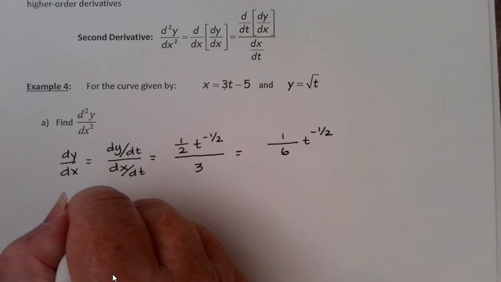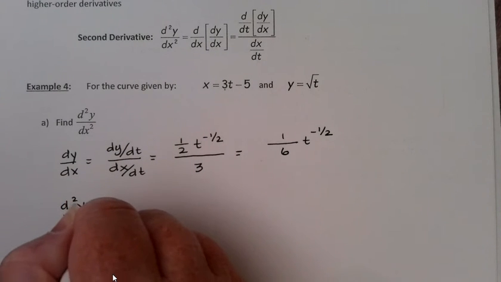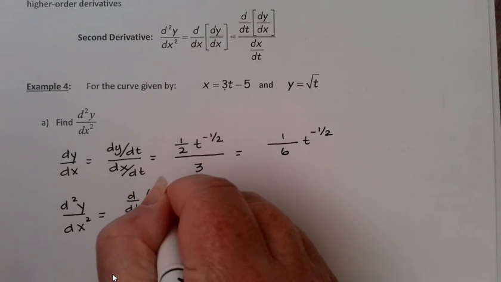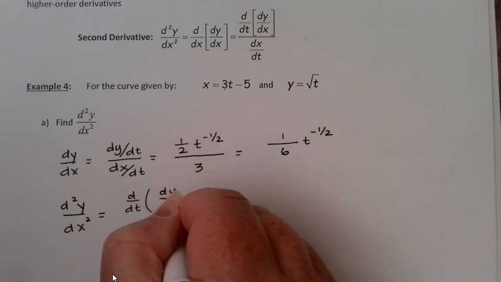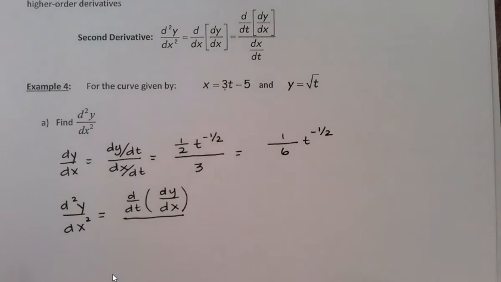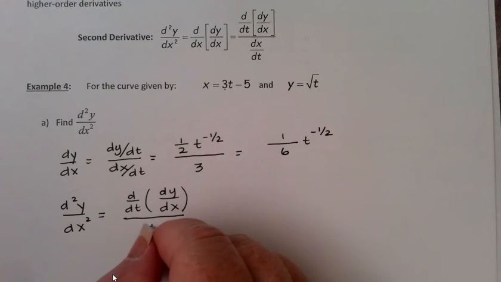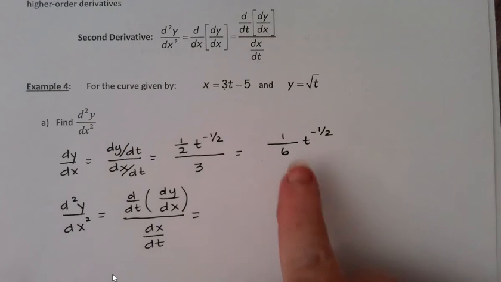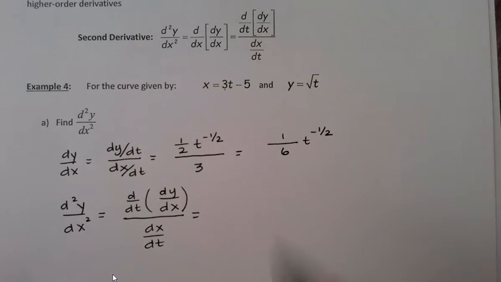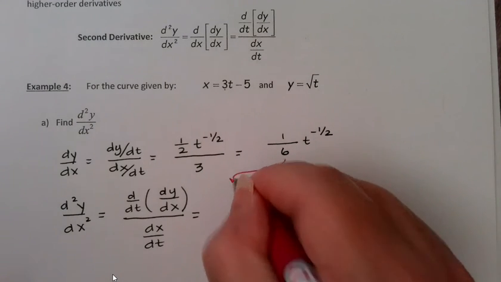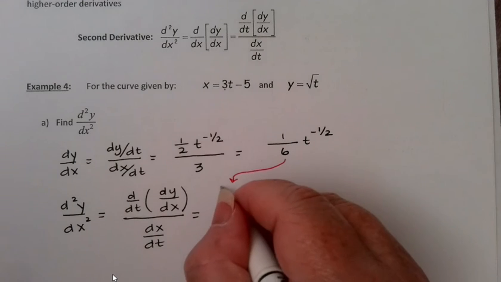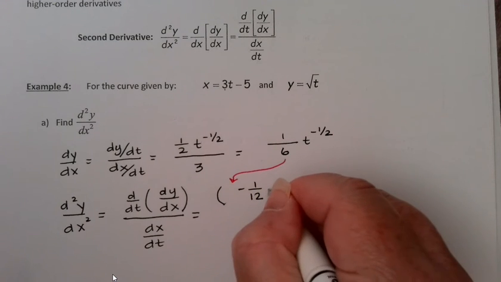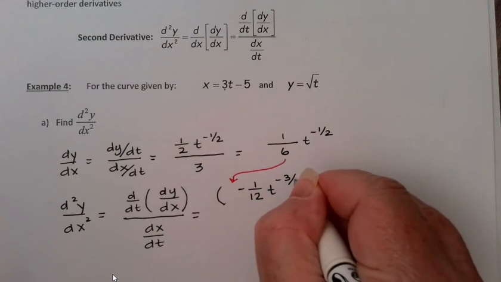All right, ready for our second derivative. It is the derivative of the first derivative divided by dx/dt. I have my first derivative right here, so taking the derivative of that is going to give me negative 1/12 t to the negative 3/2.